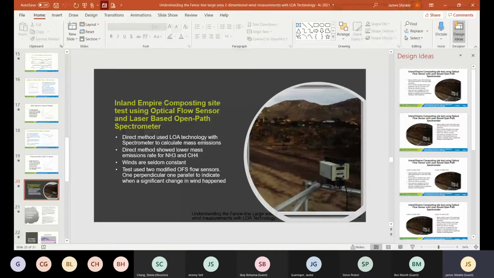We measured NH3 and CH4, and then the wind directions. One thing we noticed is wind is seldom constant. They had a radiometric measurement that assumed wind was constant. When we get into some of the data, you'll see that their results were actually much higher than the direct measurements using LOA technology and a TDL.